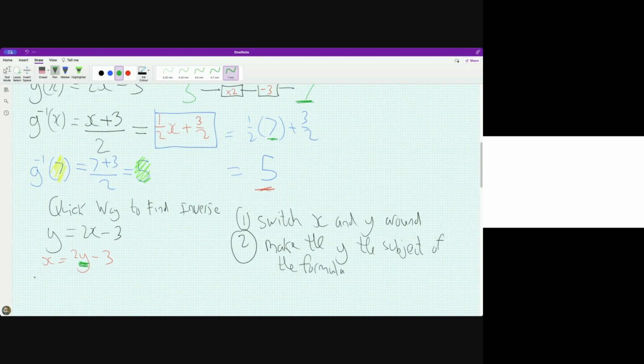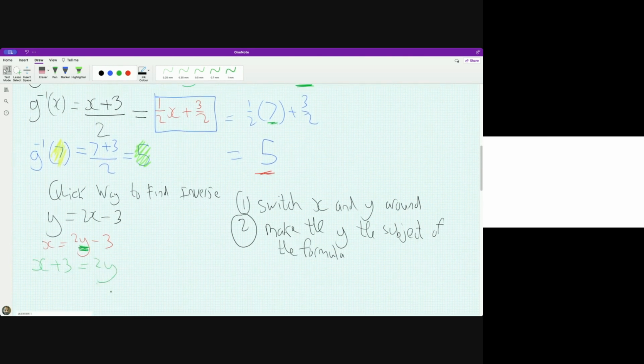So I'm going to take that 3 to the other side. Okay? What do you think I'm going to do after that to get the division by 2 going? Oh, I gave it away there. So I'm going to divide both sides by 2. And then what I'm going to get is y is equal to x plus 3 over 2.